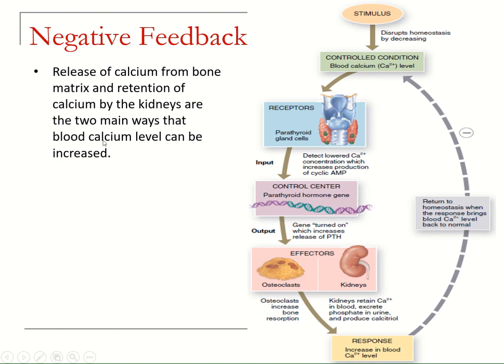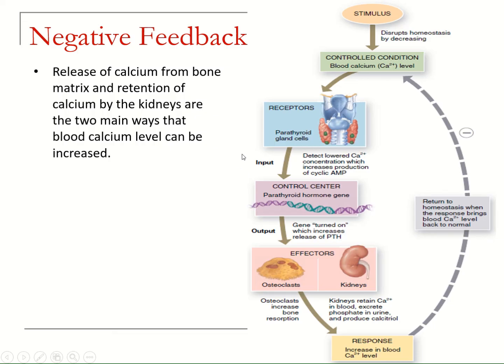Okay, so there would be a stimulus that disrupts the homeostasis by decreasing the blood calcium level, and the receptors in your parathyroid glands will know that the calcium level is decreased. They will detect the lowered calcium concentration, which increases the production of cyclic AMP.